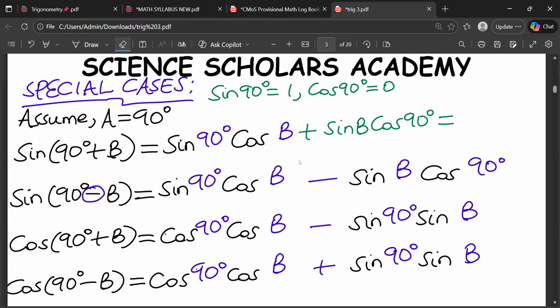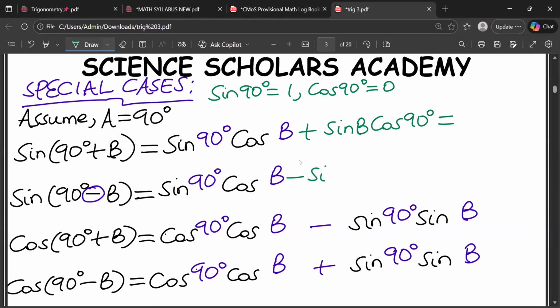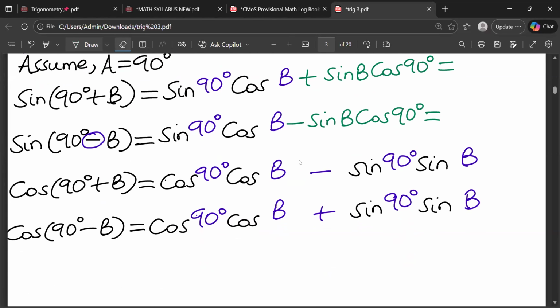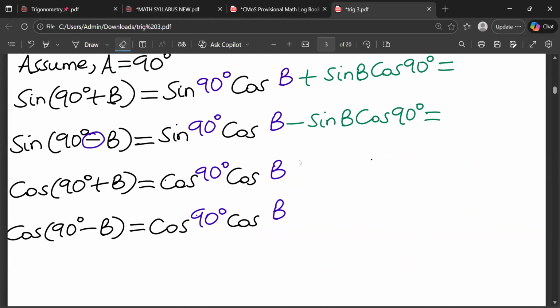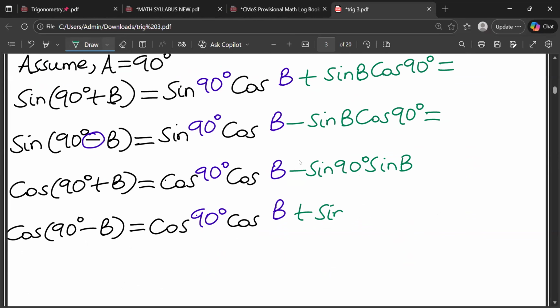This one is sin B. So for cos, where I had plus, this one becomes minus. Then this side is sin 90 sin B, I'm having plus sin 90 sin B.